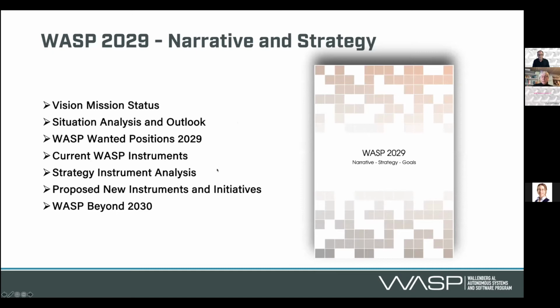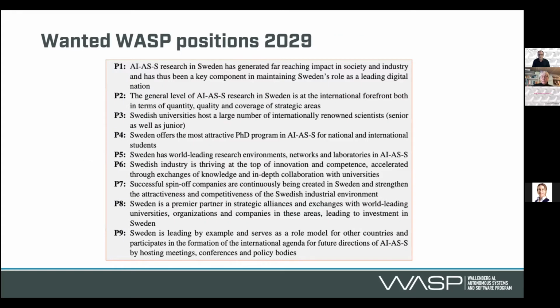Now, one of the first things that I did as a new director of the program starting last year was to go through a strategy and policy process to define the goals for the future. And the main point in this strategy work was really to develop a number of wanted positions, sort of answering the question, where would Sweden want to be in this domain by the year 2029? And these positions are now included in the strategy document that will be available on our homepage shortly.